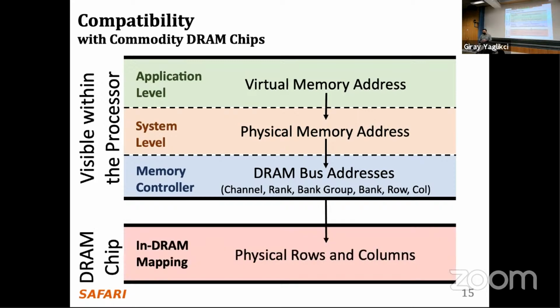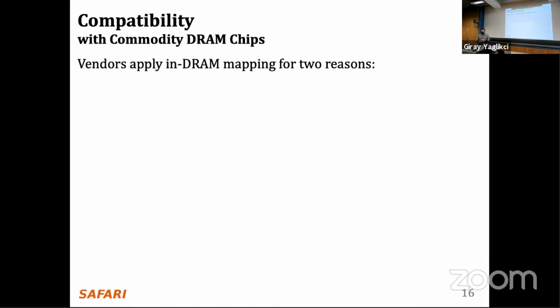However, there is an additional address translation that takes place in the DRAM chip itself, called In-DRAM mapping. Here, it takes the logical addresses and maps them to actual physical rows and columns. DRAM manufacturers or vendors apply this In-DRAM mapping for two reasons.